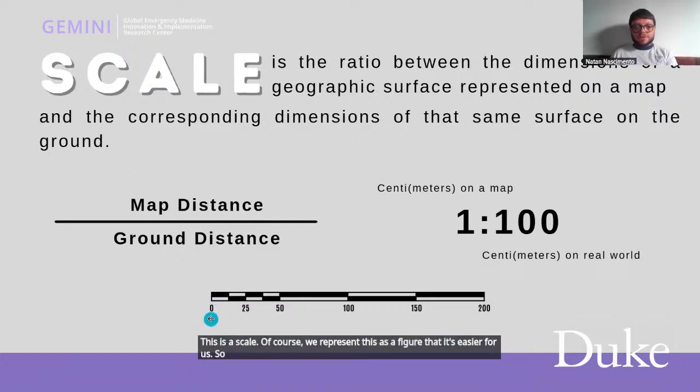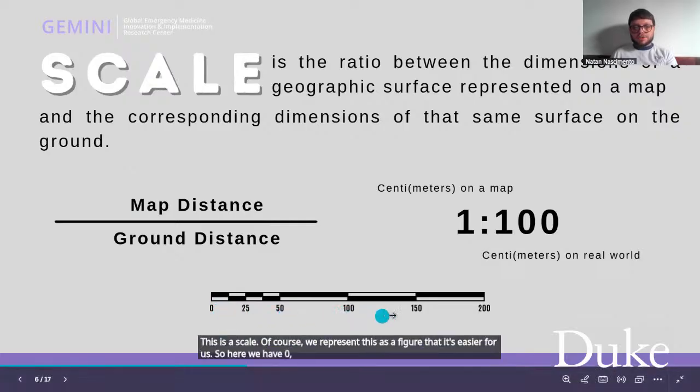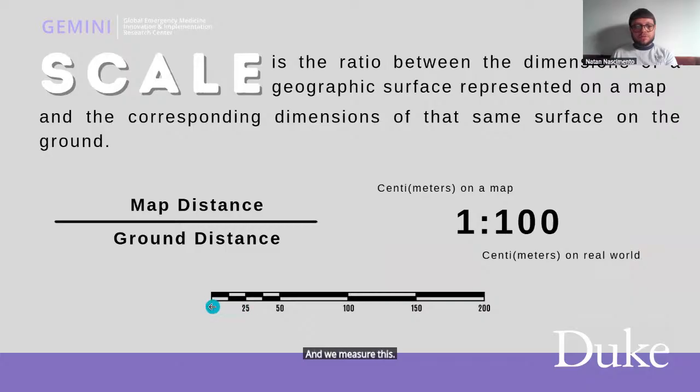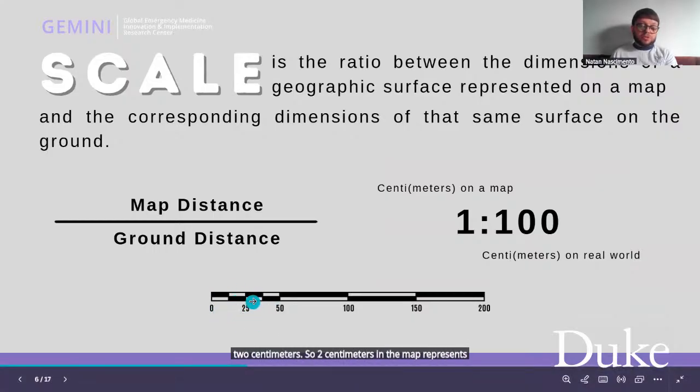So here we have 0, 25, 50, 100, 150, and 200. And we measure this. So I will say that from 0 to 25, we have 2 centimeters. So 2 centimeters in the map represents 25 meters or 25 kilometers.